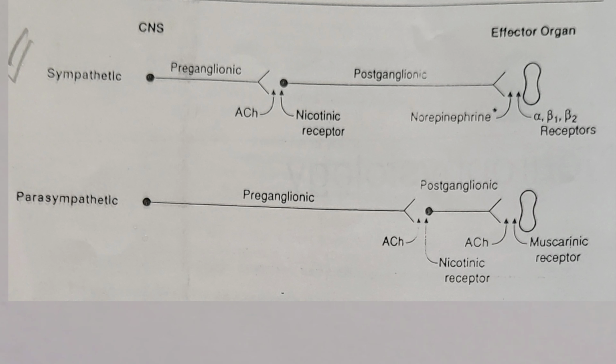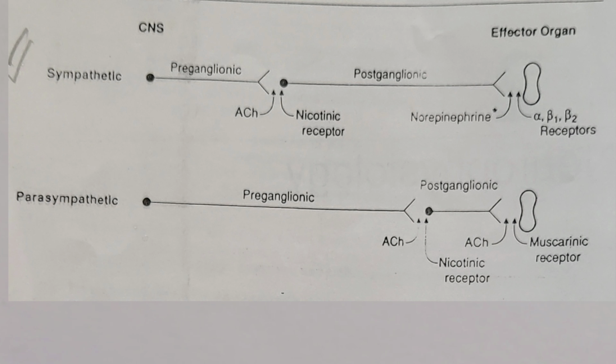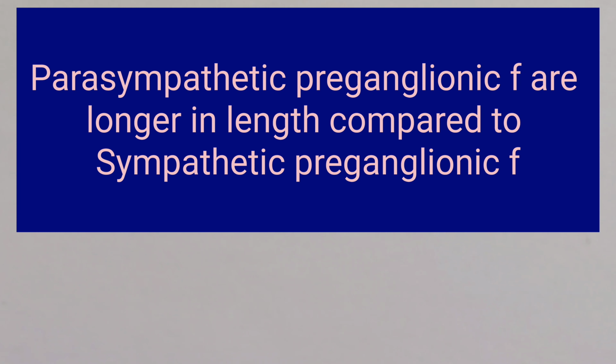So these nerve fibers are shorter than the parasympathetic preganglionic nerve fibers that emerge from the central nervous system and project to the ganglion that lies close to or in the effector organs. So parasympathetic preganglionic fibers are longer compared to the sympathetic preganglionic fibers.